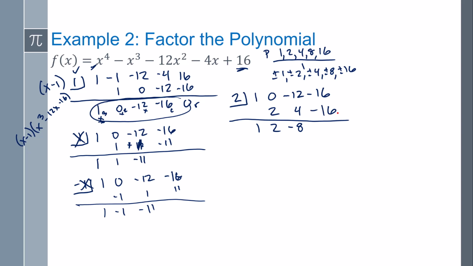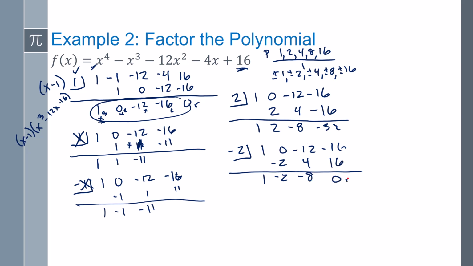That's so close. But that's negative 32. So maybe negative 2, hopefully. Add straight down, multiply, add straight down, multiply, add straight down. Here we go. Multiply. Awesome. So I know that this is also a factor.